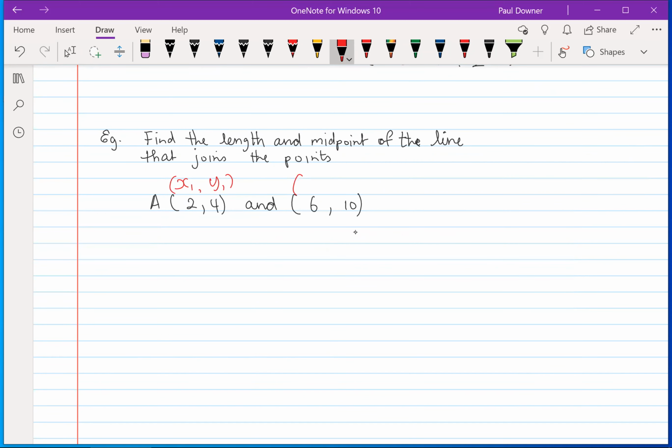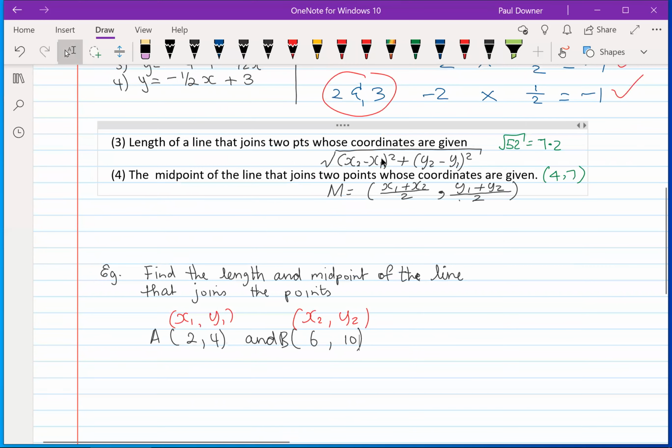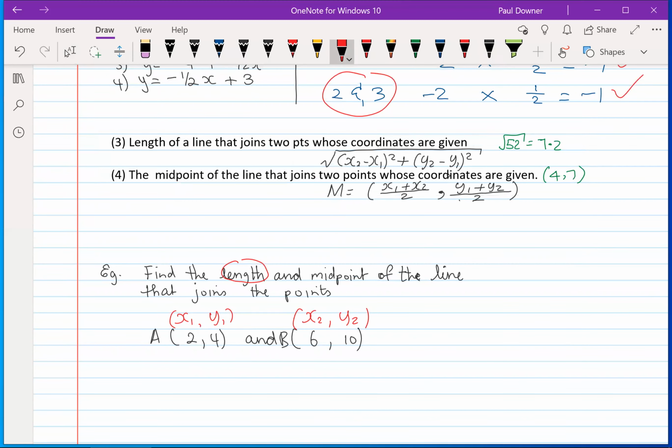And B, well, I didn't put B, so let me call this B. This here is going to be x2, and this here is going to be y2. So now we're going to apply this formula here. To find the length, we're interested in finding the length AB.